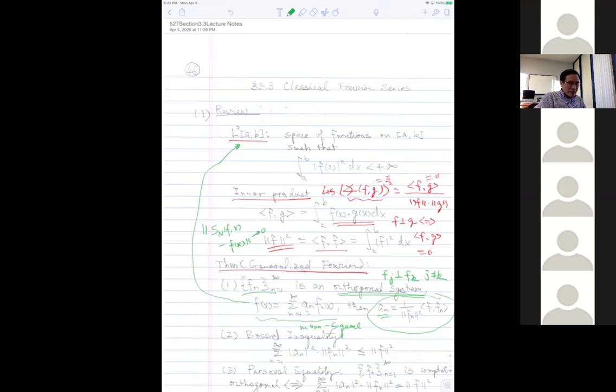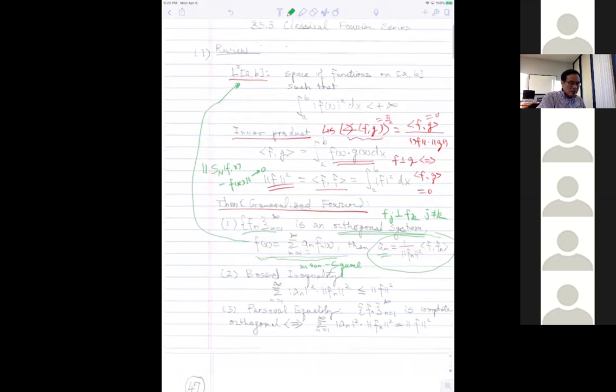Now, if f can be written in this way, then we have Bessel's inequality. Now we also give a definition. We say this system, this orthogonal system, is complete orthogonal.